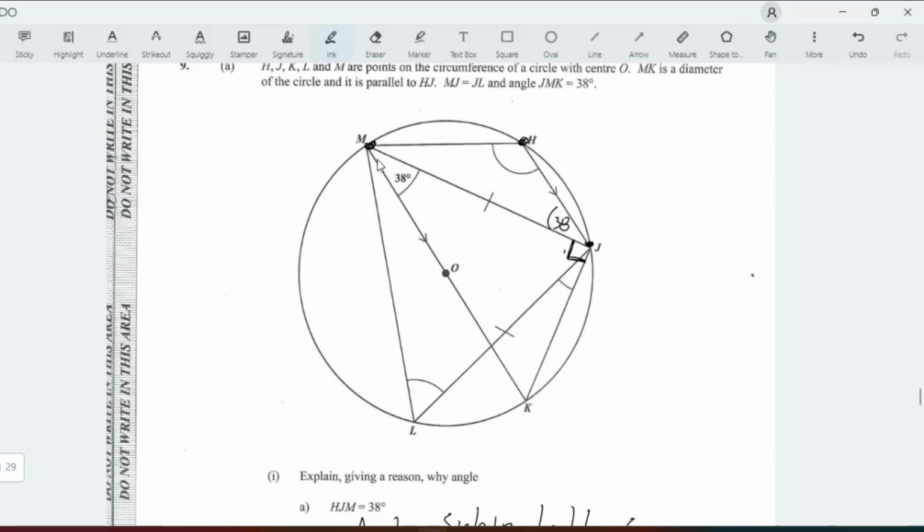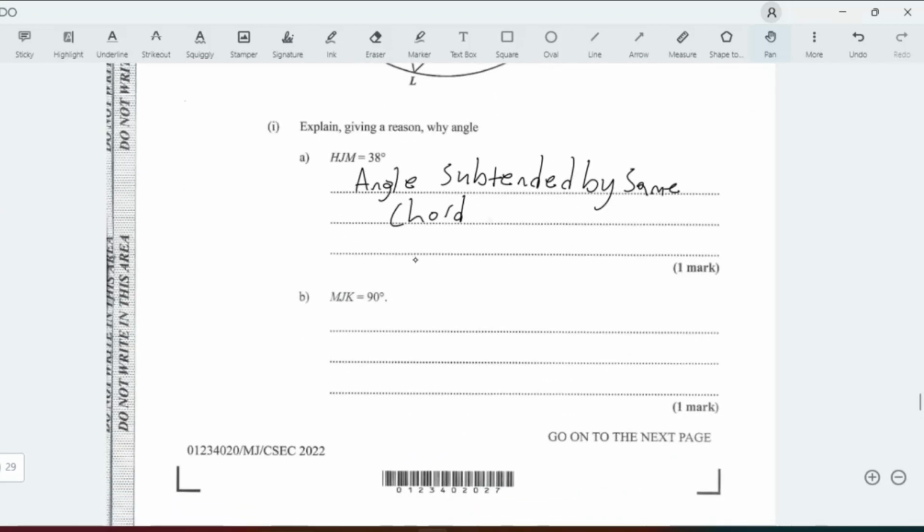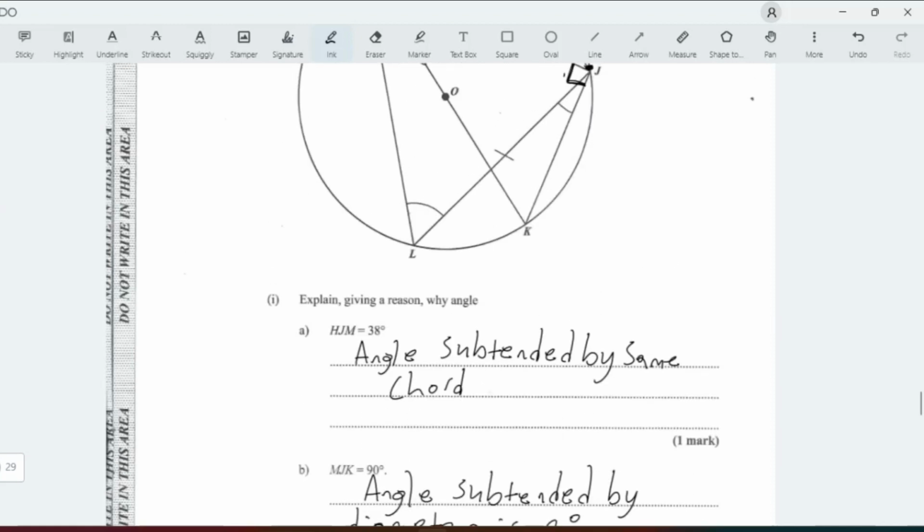Angle subtended by the diameter MK is 90, because the angle subtended by the diameter is 90 degrees. No problem so far.